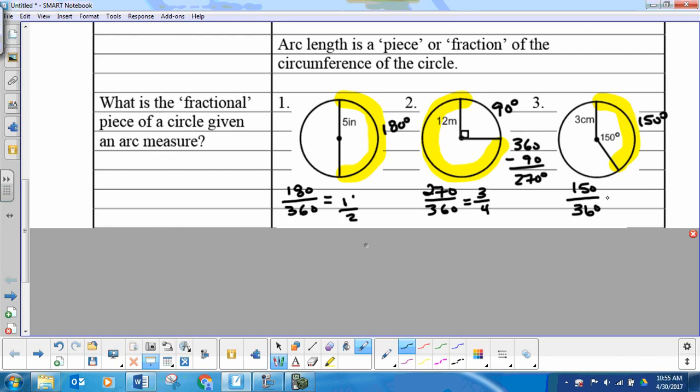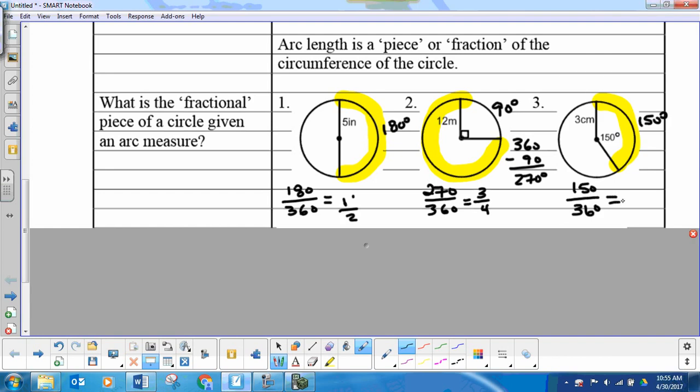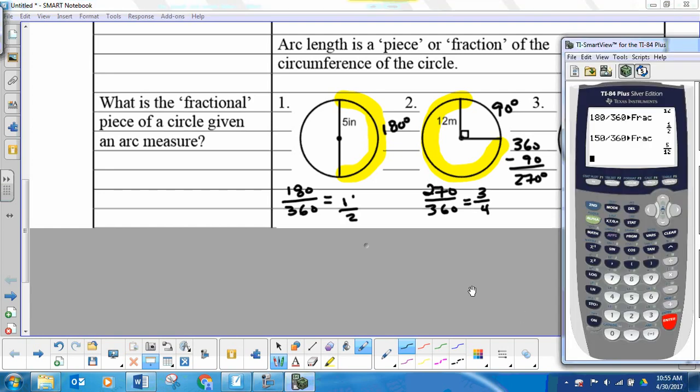Let's take a look at that in the calculator. I'm going to do 150 divided by 360, and straight to math, enter, enter. And I come up with a fraction of 5/12.